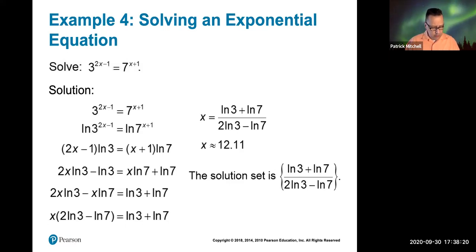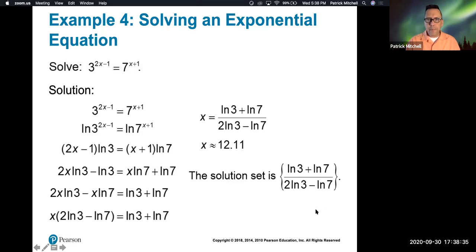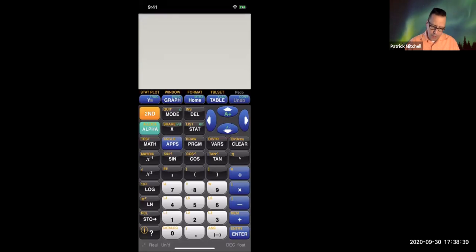So what I'm going to do now is plug in the calculator. And I just want to make sure that you're able to enter this expression correctly. So now let me share my calculator. So I want first that I put natural log 7 plus natural log 3 in parentheses.